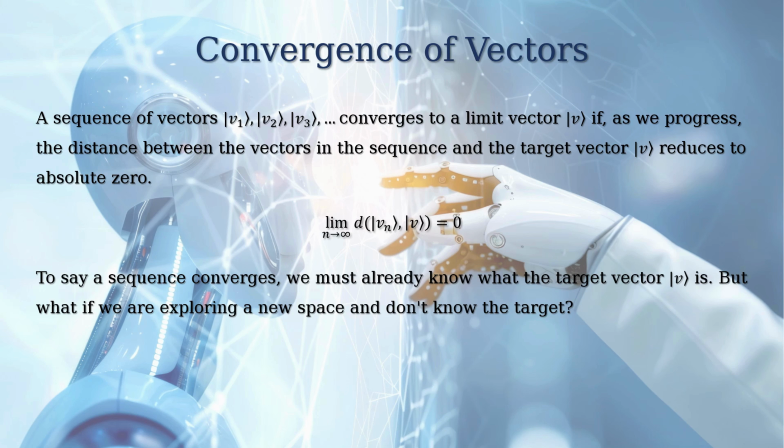To say a sequence converges, we must already know what the target vector is. But what if we are exploring a new space and don't know the target? This is where the Cauchy sequence becomes important.